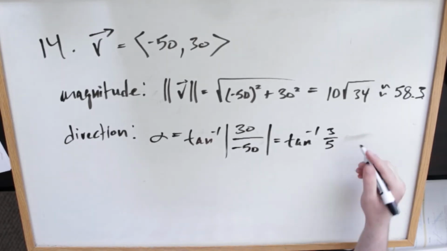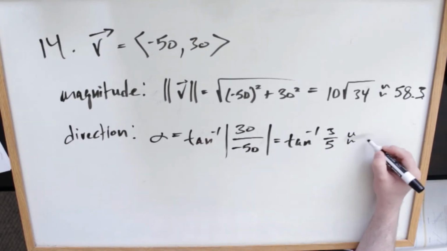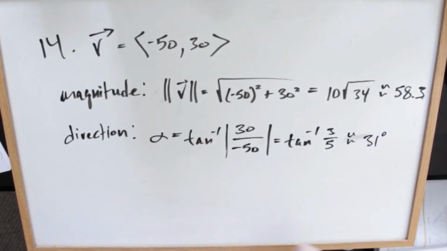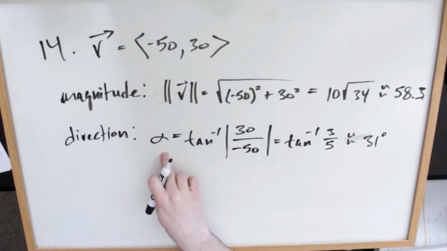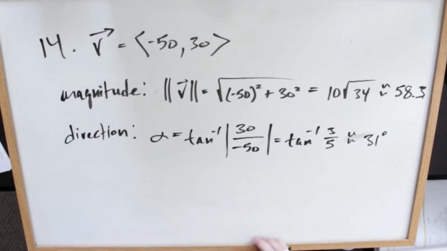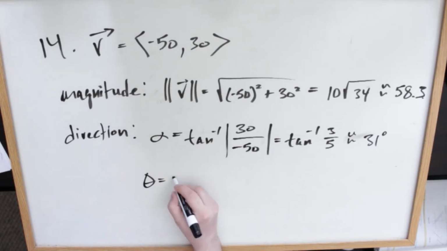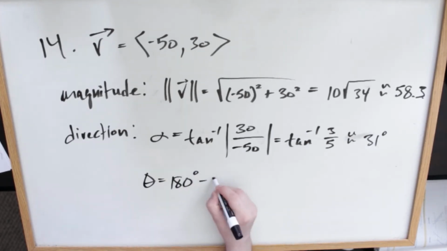You can do this in a device, but your approximation is going to be roughly 31 degrees. Okay? So now that we have what alpha is, we need to use a reference angle because we've got a negative component associated with it. So the reference angle is going to be 31 degrees. So theta is going to be 180 minus 31.